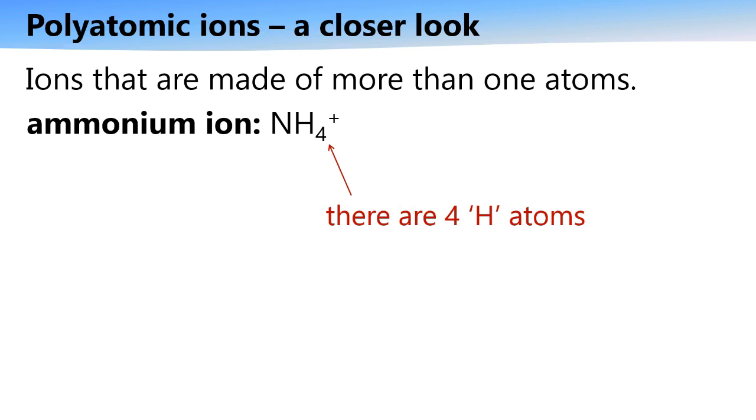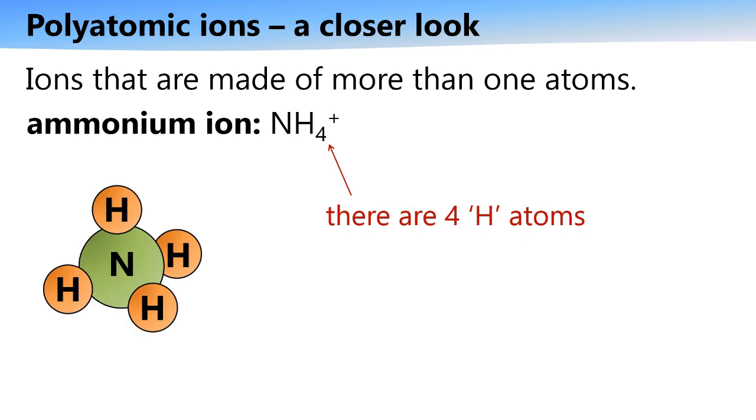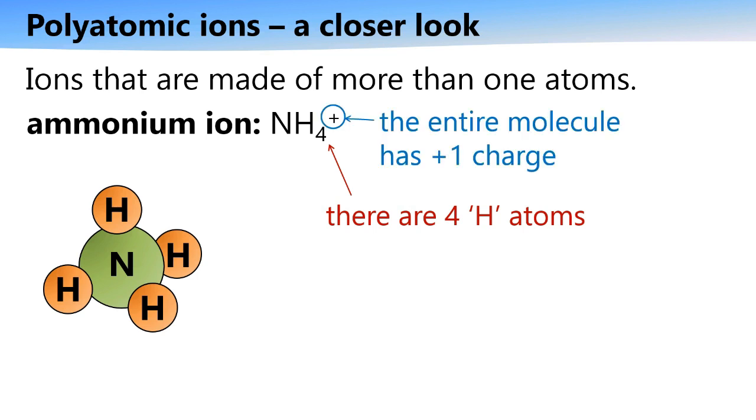There are 4 hydrogen atoms. So when the 4 is below, it doesn't refer to the charge. I can draw it out like this: 4 hydrogens attached to nitrogen. And this is the charge, just a plus. The entire molecule has a +1 charge.